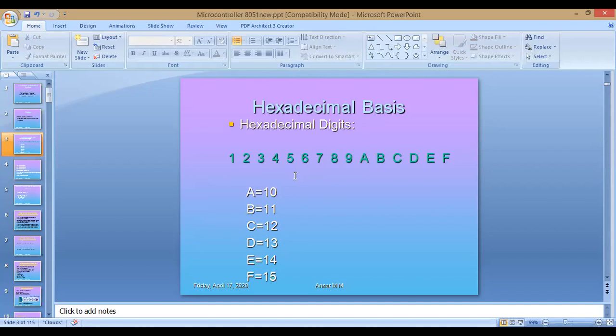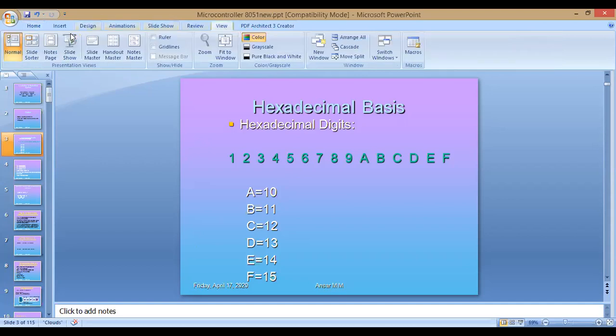In almost all microcontrollers, the registers are 8-bit size. So we put values into these registers by using the hexadecimal numbering system. You can use the decimal or binary numbering system, but for easy manipulation we use the hexadecimal numbering method.